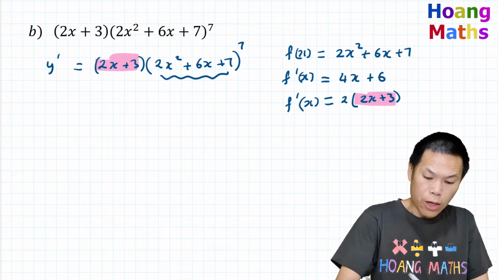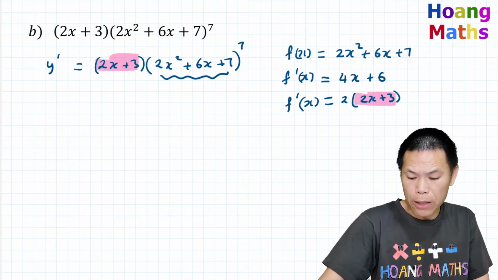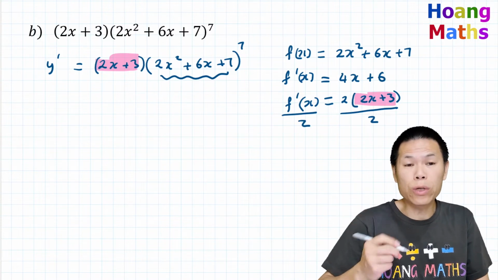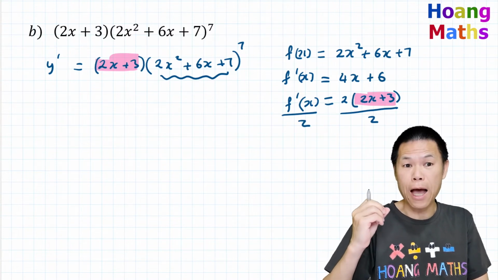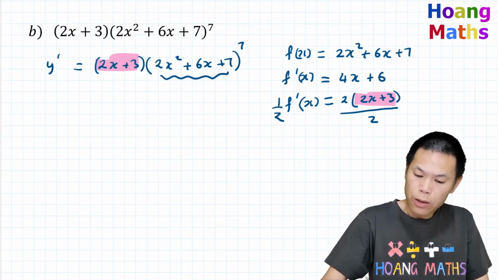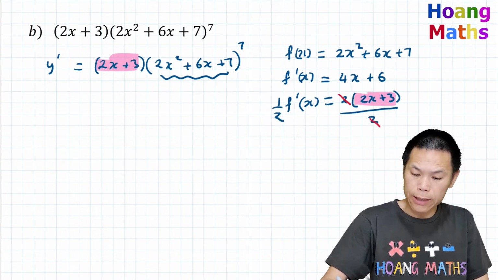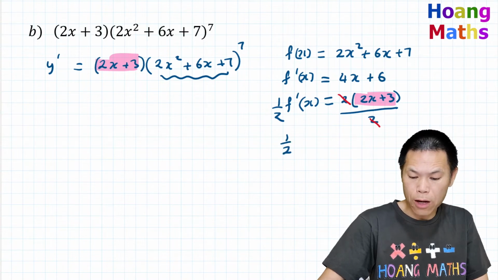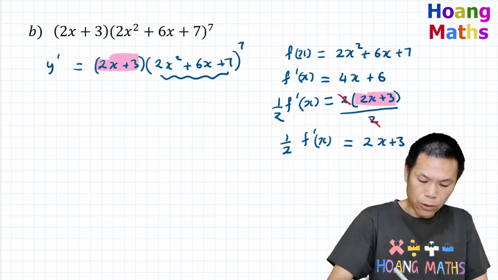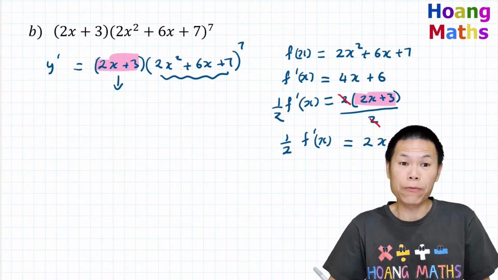So therefore, if I divide both sides by 2, dividing by 2 is exactly the same as times by a half. So makes it easier, I just write here, times a half. So this cancels with that. So that is a half of f dash x is equal to 2x plus 3. So this is a half of f dash x.